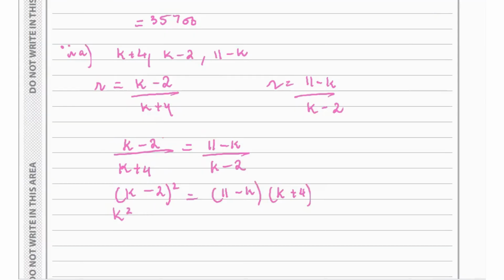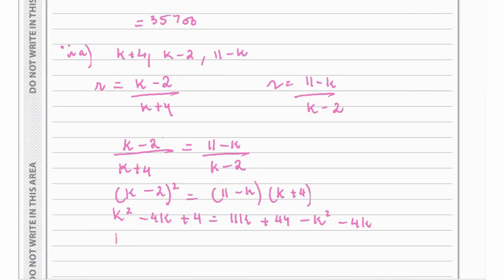That's going to be k squared minus 4k plus 4 equals 11k plus 44 minus k squared minus 4k. So bring all of the terms to one side.